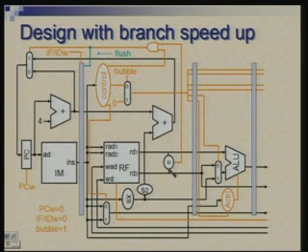Now, remember that testing for equality is much simpler as compared to testing for less than or greater than, right. In this case, you need to do bit by bit comparison and then take the AND of all those. You do not need any carry to be propagated.